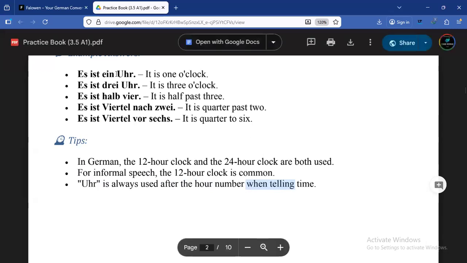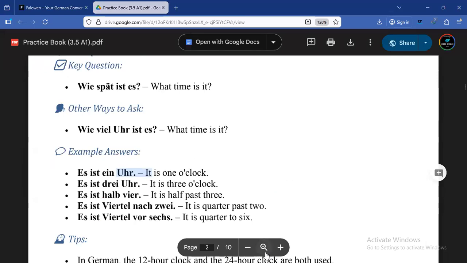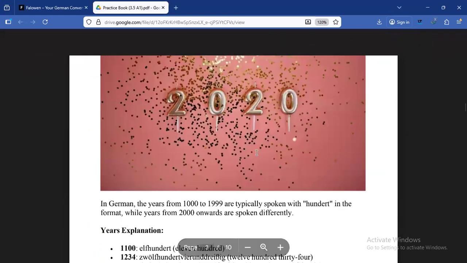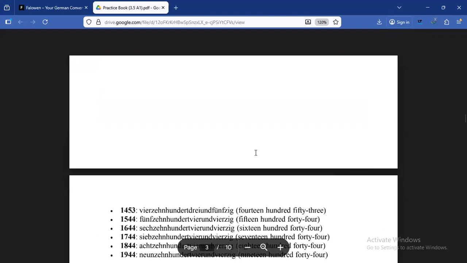So don't bring the ein or the drei after it, but always be sure that the number is in front of the Uhr. Do you have any questions so far with what I've said? You can please ask before I progress.